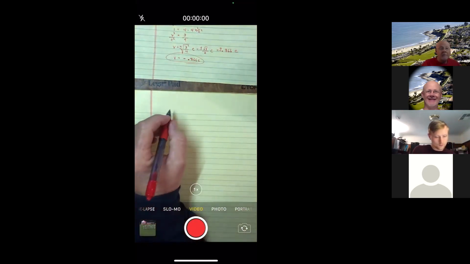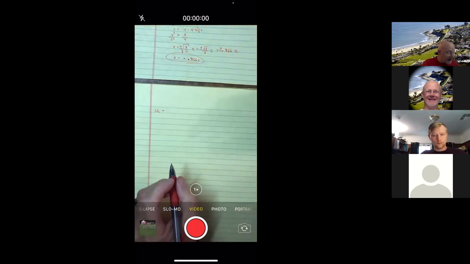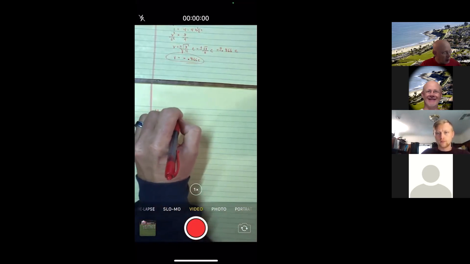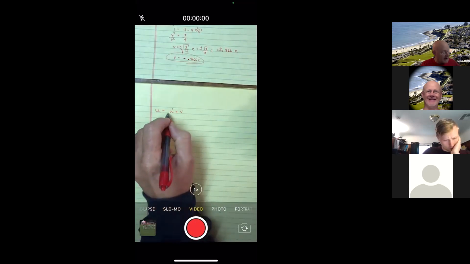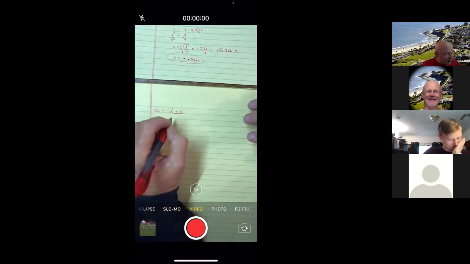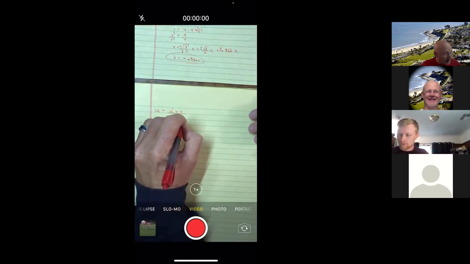Now, without time dilation and length contraction, it would just be U plus V, or U prime plus V. But that added factor that we worked out then would be 1 plus U prime V over c squared, I believe.